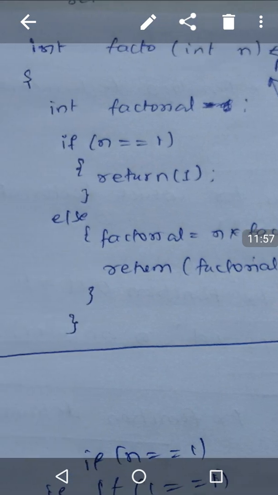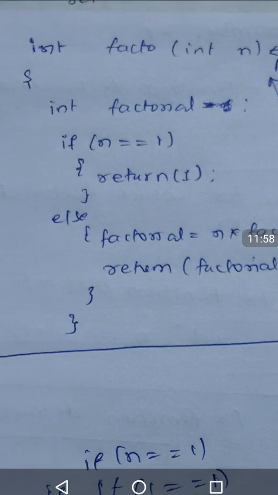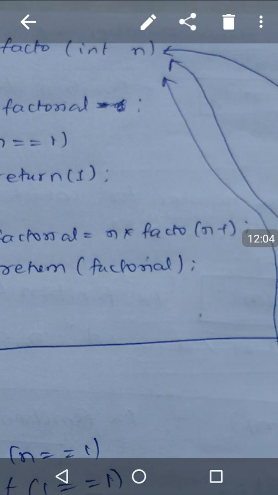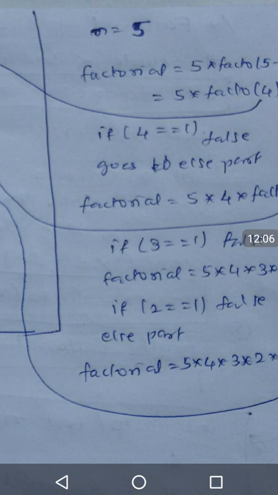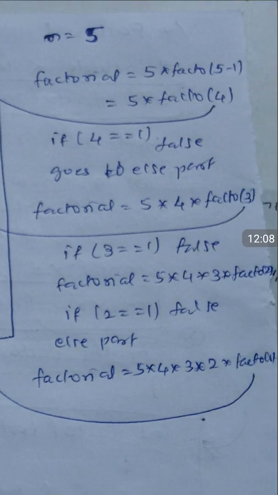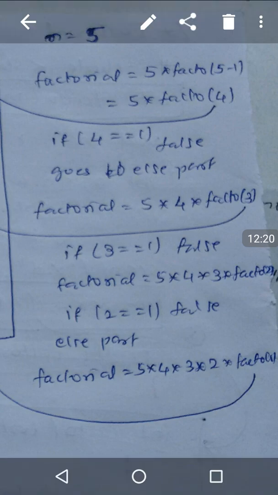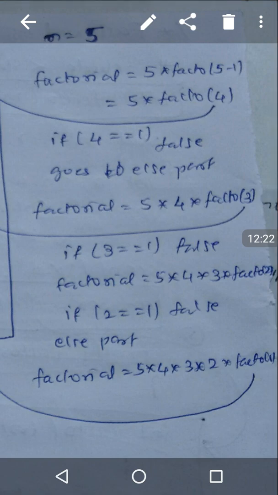It enters the function, 3 is not equal to 1, so it jumps into the else part and does the computation. If 3 is equal to 1, it is a false statement. Earlier we had 5 and 4 as the n values, and now n is 3, so 5 into 4 into 3 and again facto of 2.